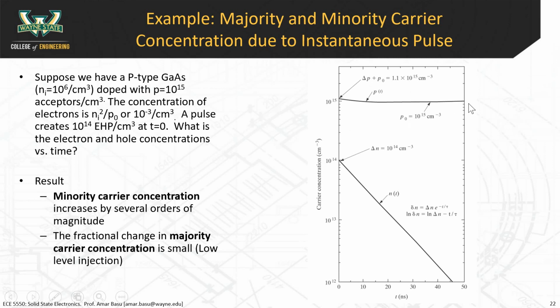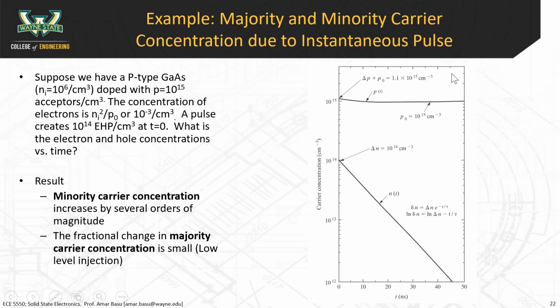You can see here that you had a p-type gallium arsenide doped with 10 to the 15th, so the hole concentration is 10 to the 15th here. By shining light on the material, you increased it by just a slight amount, shown on a log scale: 1.1 times 10 to the 15th.